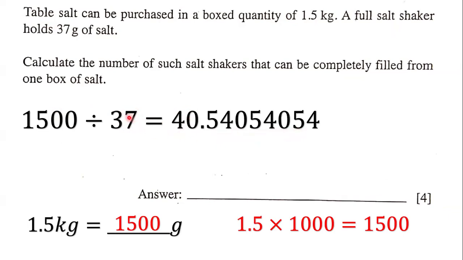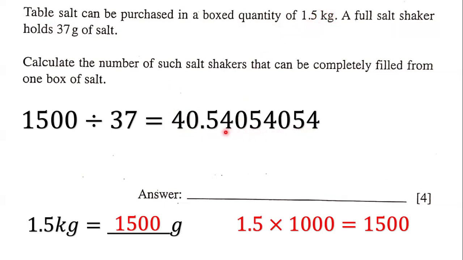And so 37 cannot go exactly into 1,500. It can only go 40 times, and there will be a remainder. And so practically, what is that saying? That is saying that 40 of these salt shakers can be completely filled using this box of table salt. And what does the decimal part tell us?